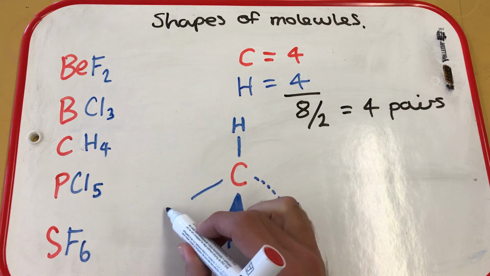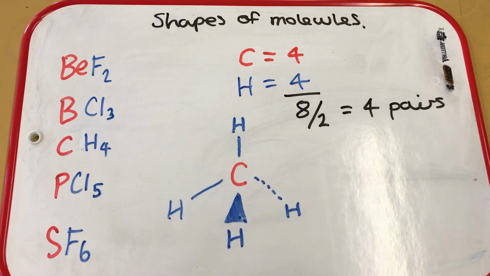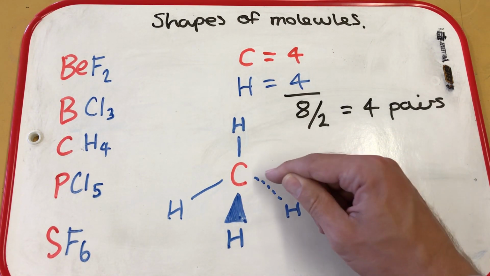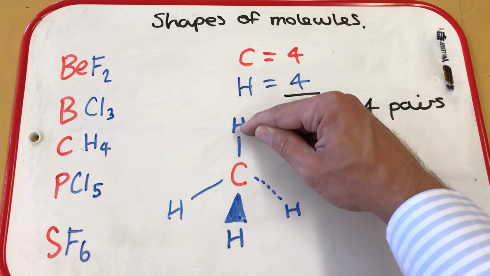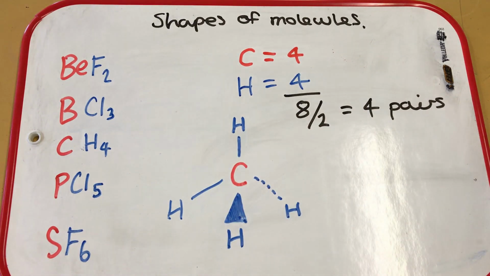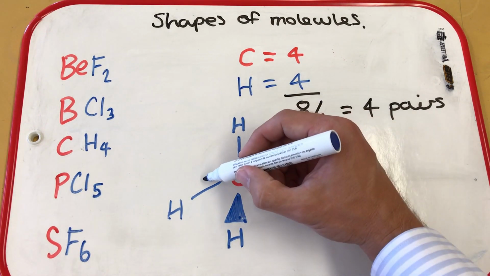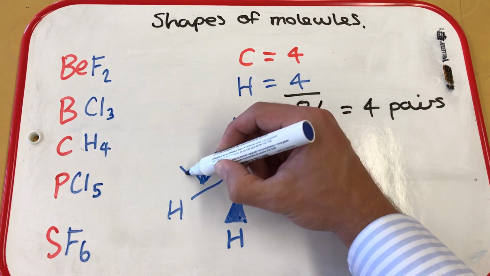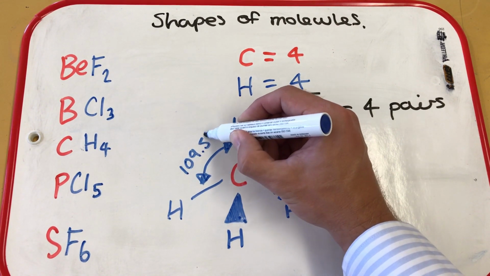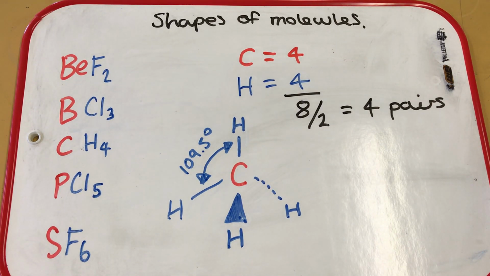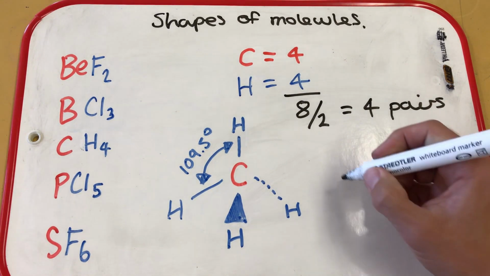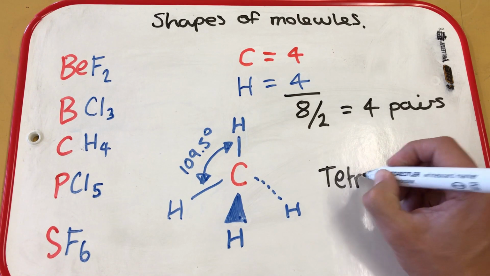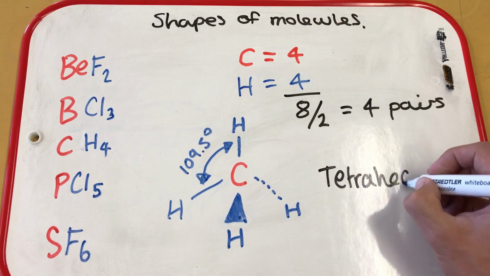And then another flat line here to show that that hydrogen is on the flat plane of the board as well. So this comes towards you, this goes away from you, and they are flat on the board. The bond angles this time are 109.5 degrees. This structure is tetra for 4, so it's tetrahedral.